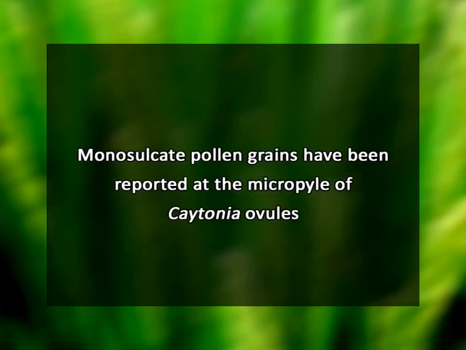Additionally, monosulcate pollen grains have been reported at the micropyle of Caytonia ovules. The latter is strong evidence that the pollen grains were transported directly to the ovules, perhaps by means of a pollination droplet, as we commonly see in present-day Gymnosperms, rather than what we see in Angiosperms as a stigmatic region, where pollen tubes are formed.